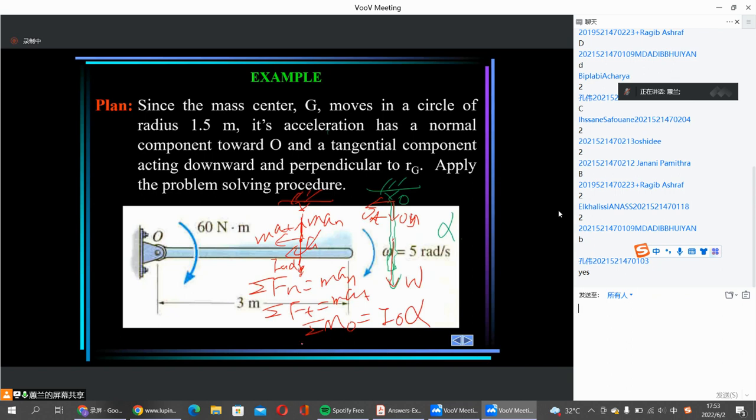You can use sigma MO equal to IO alpha. For the wheel FBD, there is no moment about point O, because the reaction force at point O passes through point O, and the weight also passes through point O, so sigma MO equal to 0. So at this instant, the angular acceleration equal to 0.